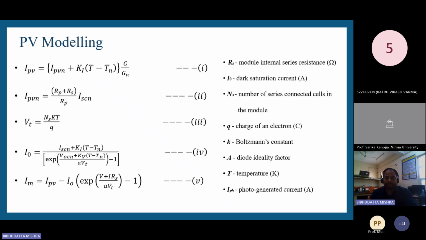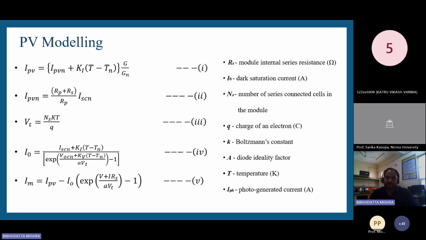For the PV modeling part, I appreciate it if all of you can have access to MATLAB of any version 2016 or above, so that simultaneously we can go for modeling the same, step by step, making use of all these equations. If that will be helpful for all of you, I will also do it alongside, and we all can proceed in the same way.